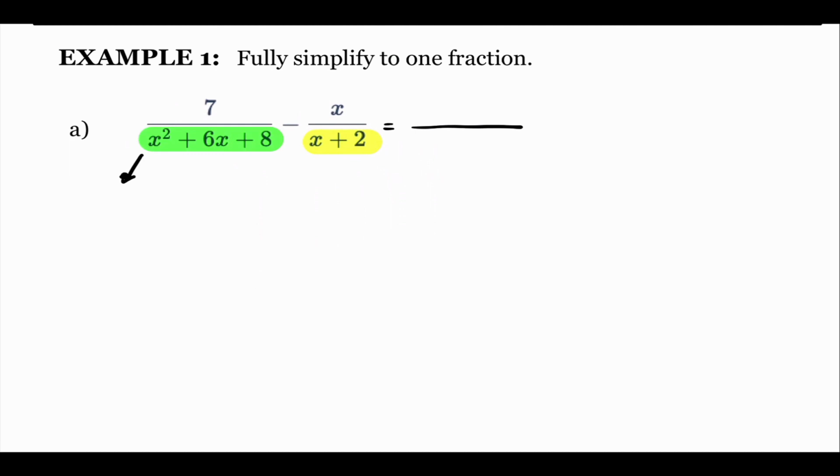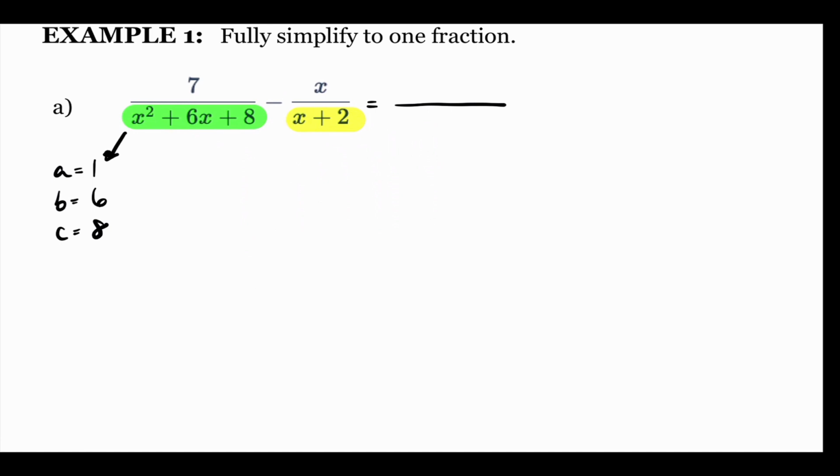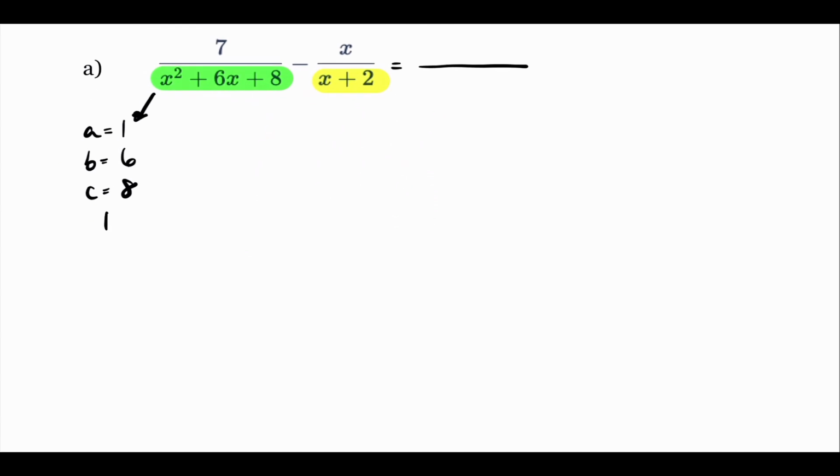The first one, the one in green, is a trinomial. So I'm going to use the trinomial steps. Doesn't have a GCF besides 1. So I'm going to go to A, B, C. A is 1, B is 6, C is 8. So I'm looking for the two numbers that multiply to be 8 and add to be 6, which are 4 and 2.